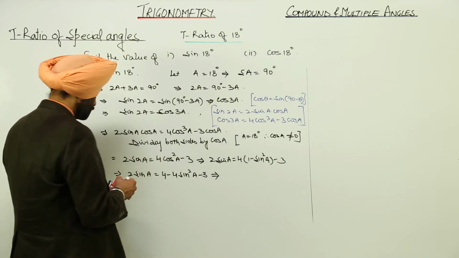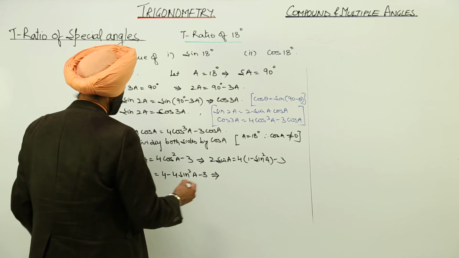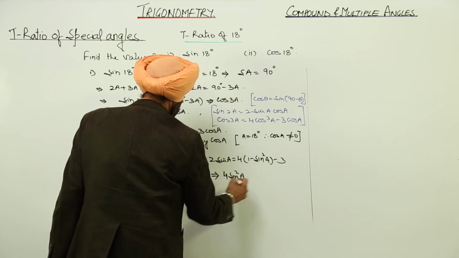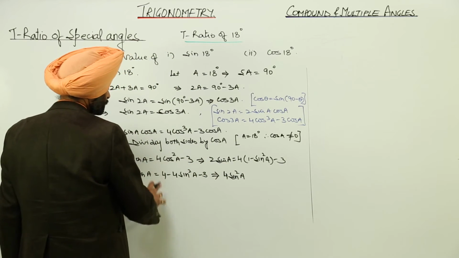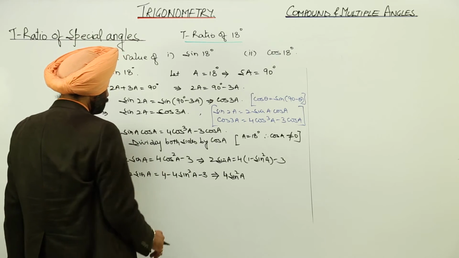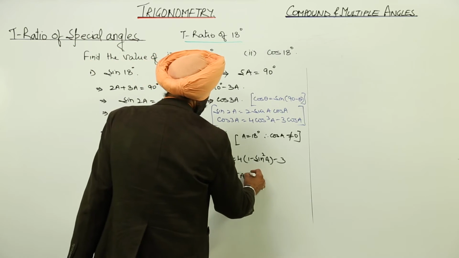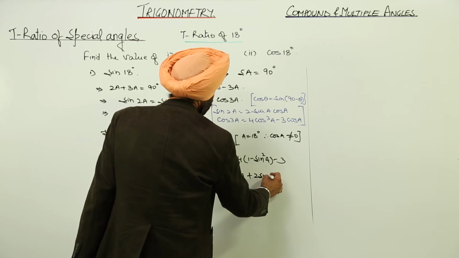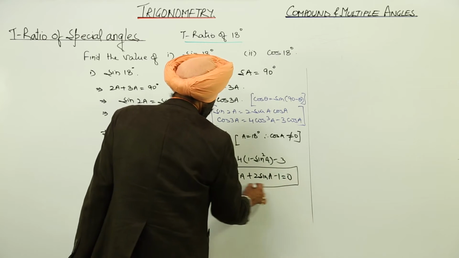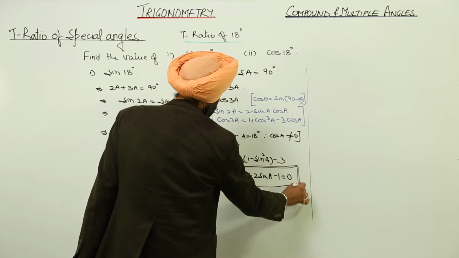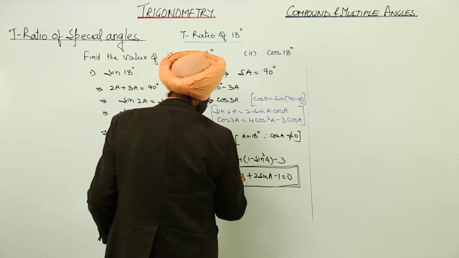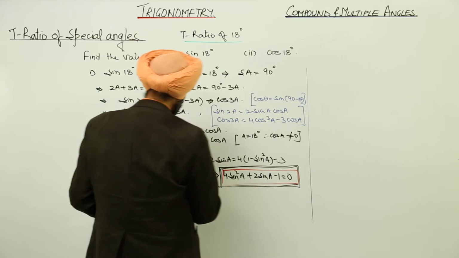Taking the sin square term to this side, and 4 minus 3 is 1. So we are having 4 sin square A plus 2 sin A minus 1 is equal to 0. So this becomes a quadratic equation.